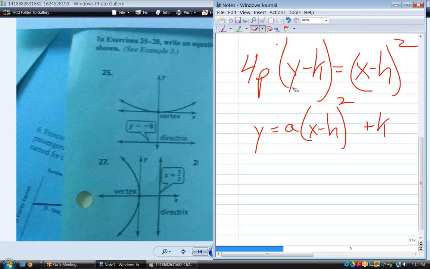Which did your class do? Do you use the 4P? No, we use the bottom one. Okay. That's fine. We can use the bottom one, but notice that A will equal 1 over 4P.